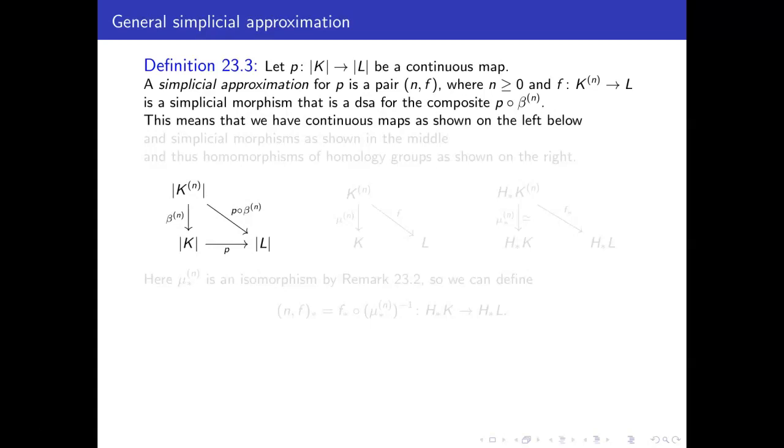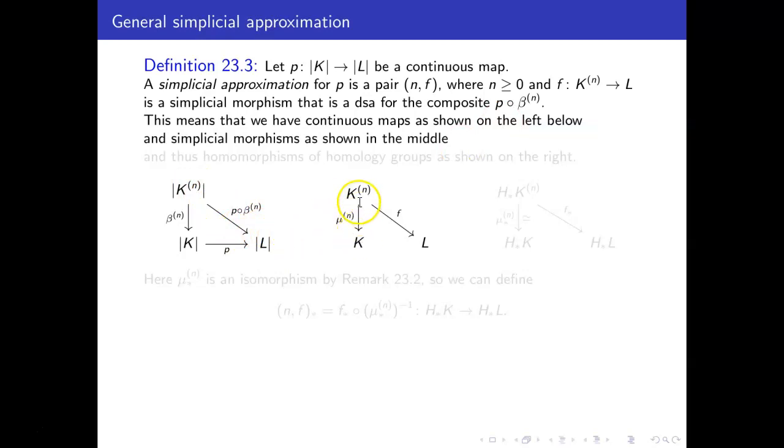So let's display the kind of maps we're looking at here. Here was our original P. It's a continuous map from mod K to mod L. And then beta n is a continuous map, a homeomorphism even, from the realization of K^(n) to the realization of K. And so this map P composed with beta n that we're looking at here, that's the diagonal across there.